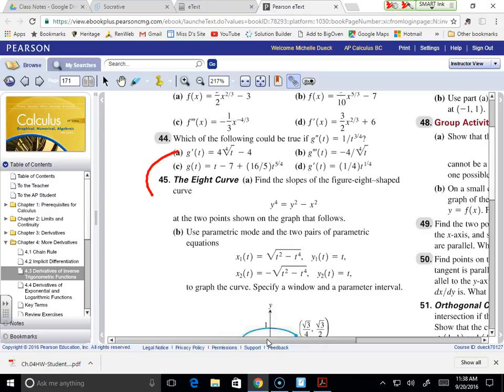We can take the derivative of A and find G prime of A. If this was true, bring down the 1/4, that would cancel out with the 4. I'd have t to the -3/4. T to the -3/4 is G double prime, so that would work. So A could be true. Does that make sense?